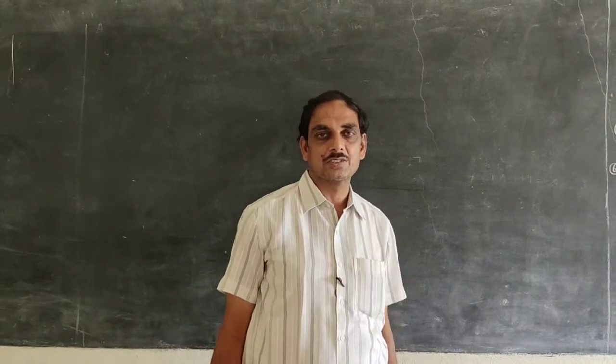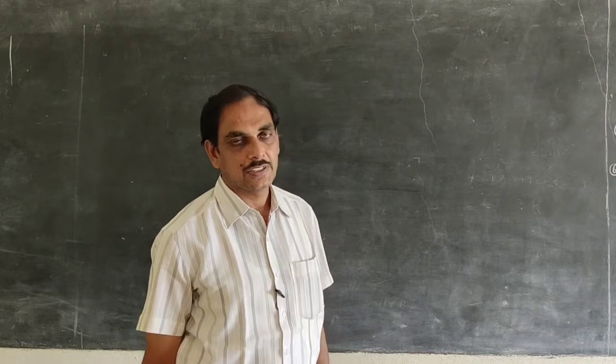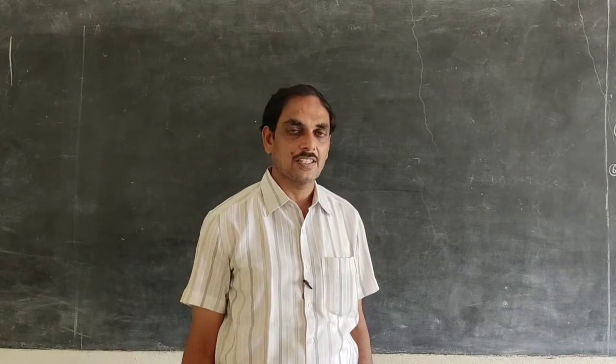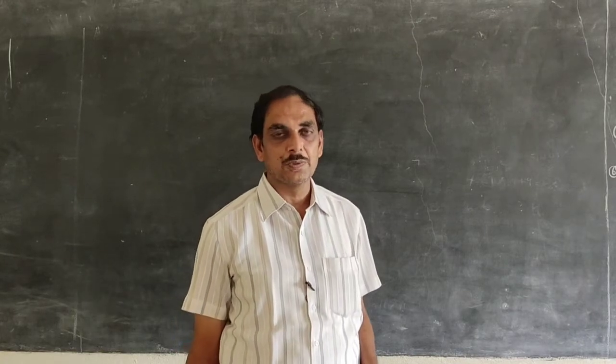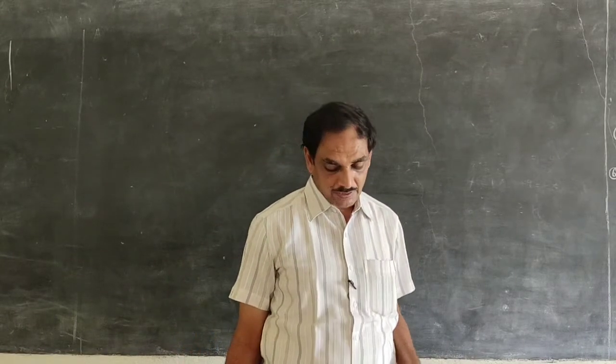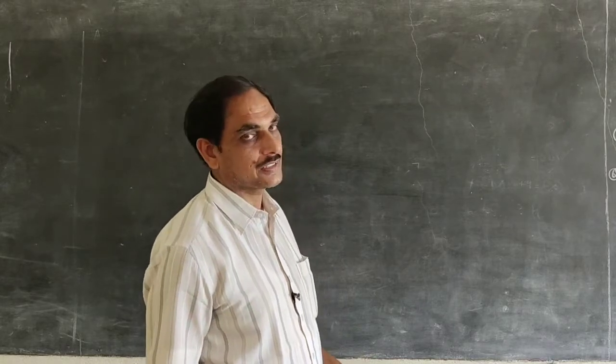In the previous sessions, we discussed the divisibility rules. Now, in this session, we are going to discuss some of the problems related with divisibility rules. Number one, now we are going to discuss the problems.